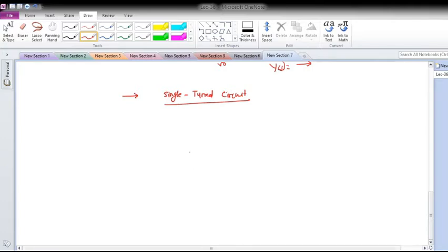Single tuned circuit is a circuit where there is one inductor and there is one capacitor. Okay, and they are connected in such a way that they resonate. Basically this is the single tuned circuit. If it is a double tuned circuit, what will be? There will be two inductors and two capacitors, that way. So one inductor and one capacitor are connected in such a way that they will resonate. Okay, and what is the meaning of it?